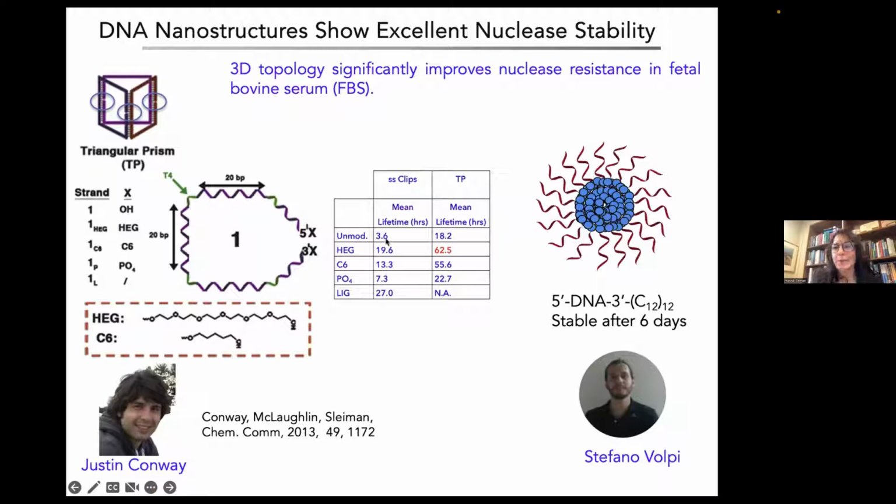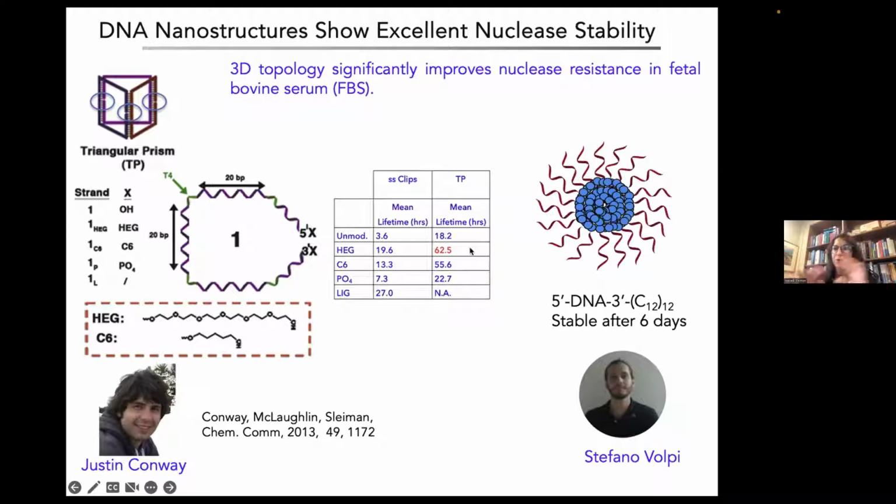Just as an example, if you look at the lifetime of one of the strands that make up this prism, it lasts for about 4 hours. But if you make 3 of these strands go into a prism, the lifetime now becomes 18 hours. And if you cap the ends here with very short ethylene glycol chains, now the lifetime is 60 hours. So really a very respectable lifetime.